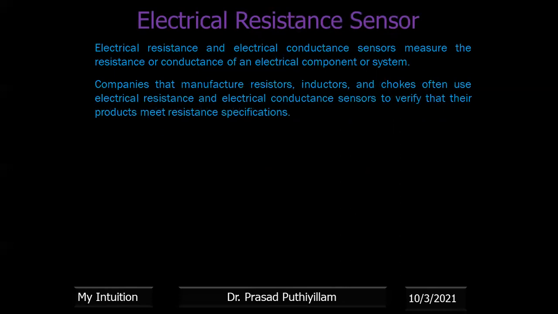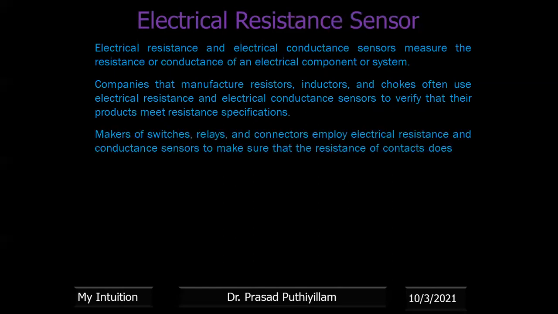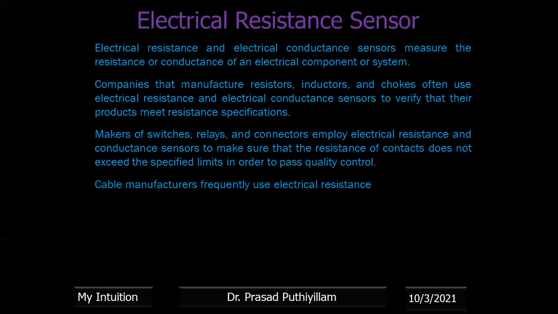Companies which manufacture resistors or inductors or chokes usually use this type of sensor to analyze or to verify that the manufactured product is in good condition or meets the specification. Even switches, relays, connectors, electrical resistance and conductance sensors are used.